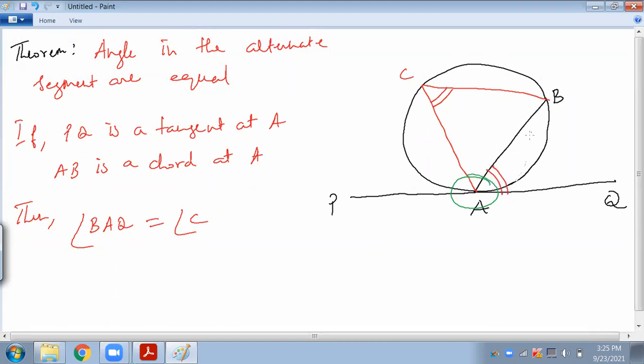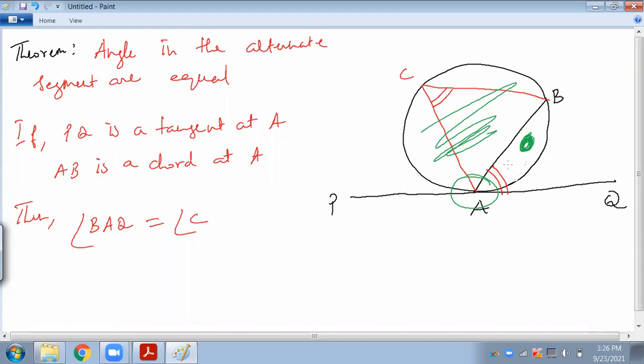This is the right segment or minor segment. And the same chord is subtending angle C at the major segment. This part is the major segment. Both these angles we can take equal by the angle in the alternate segment theorem.